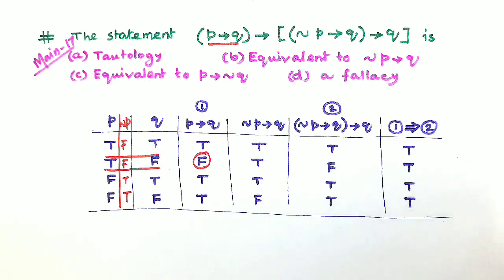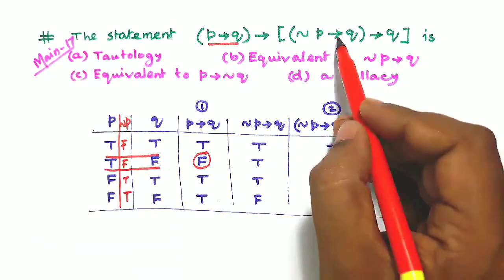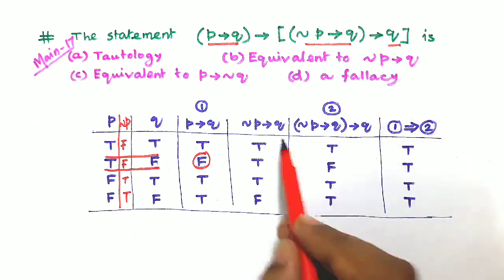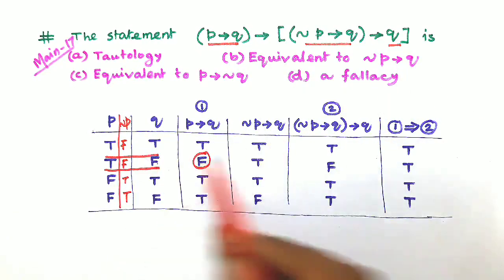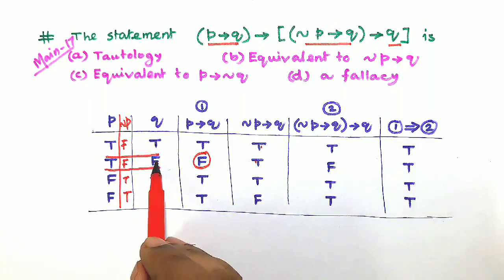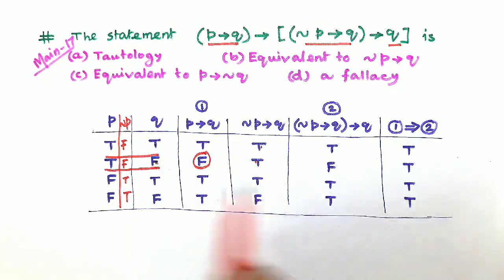Okay, this is F. Now negation P implies Q implies Q, that means this one implies Q. So T implies T is T, T implies F is F, we said earlier, T implies T is T, F implies F is T.